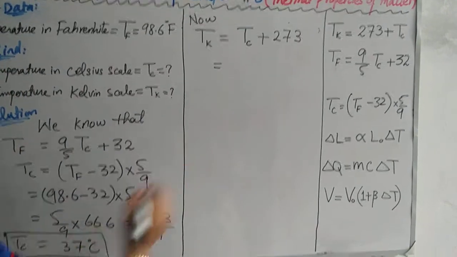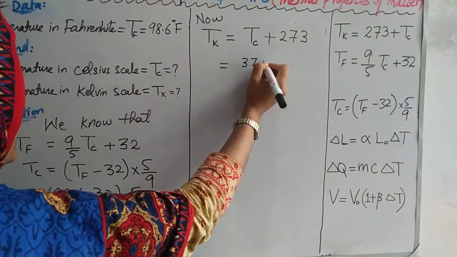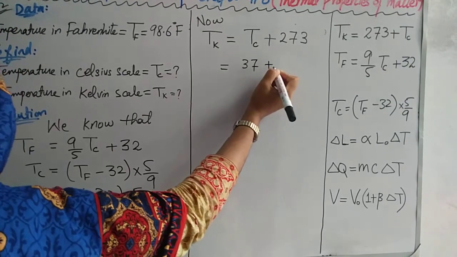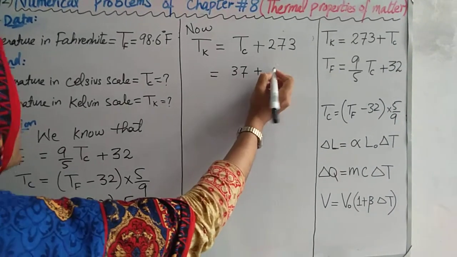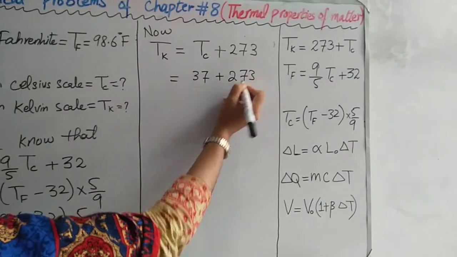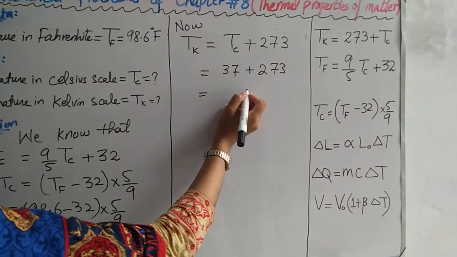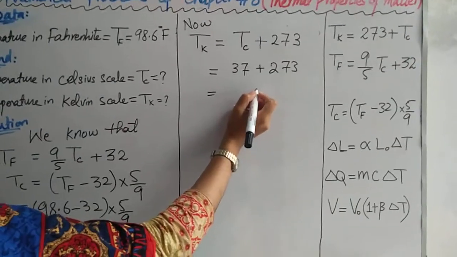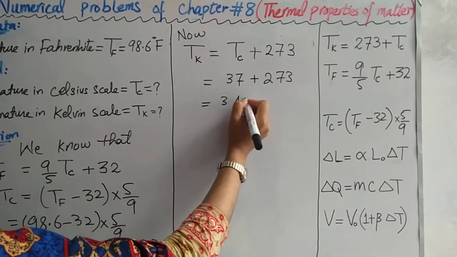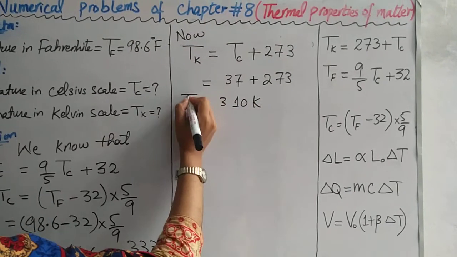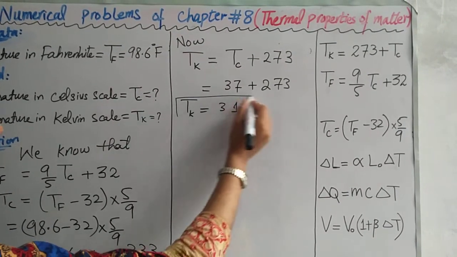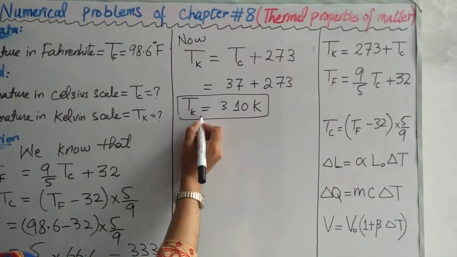So TC value is 37 degree centigrade, which is calculated in the previous step, plus 273. By adding this, we have the final value, that is 310 Kelvin. So the temperature in Kelvin scale is TK.